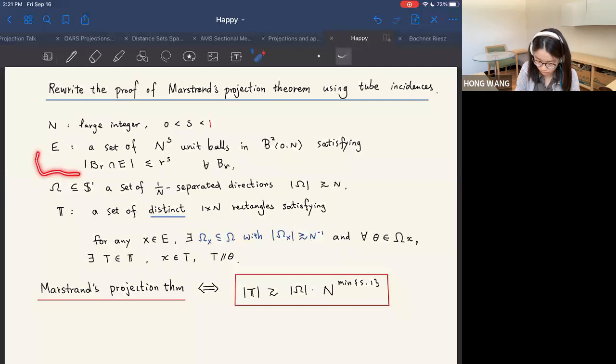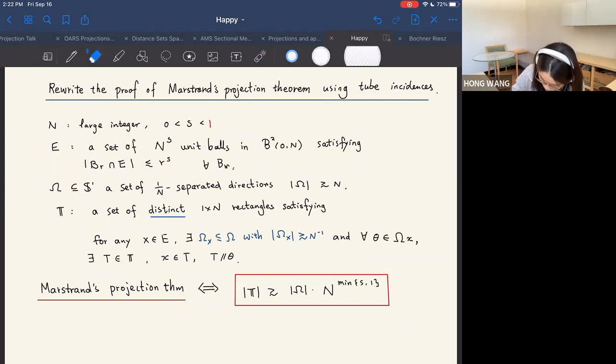This is just a rescaling of the ball condition that maybe some people are used to. And considering E as a union of unit balls is more convenient for later when we calculate the two integrals.